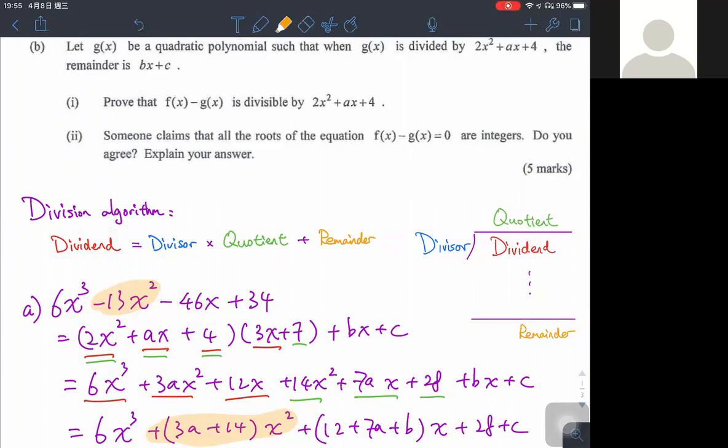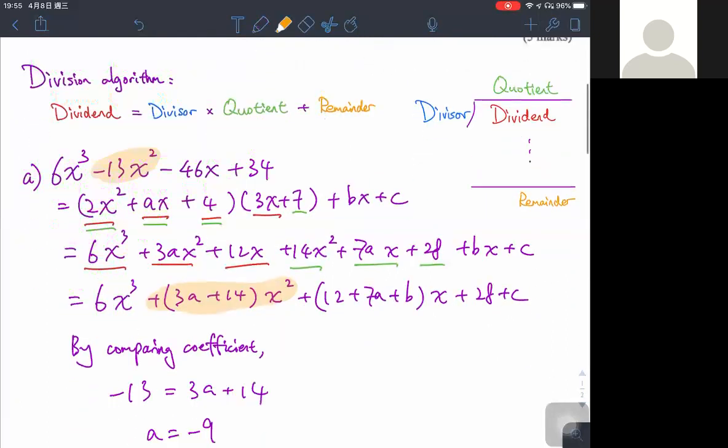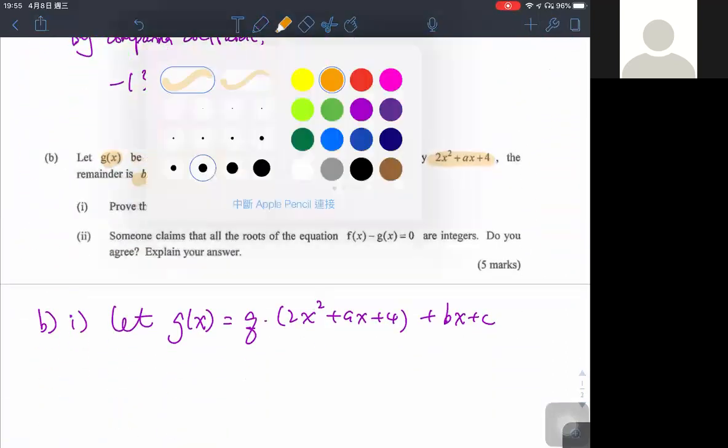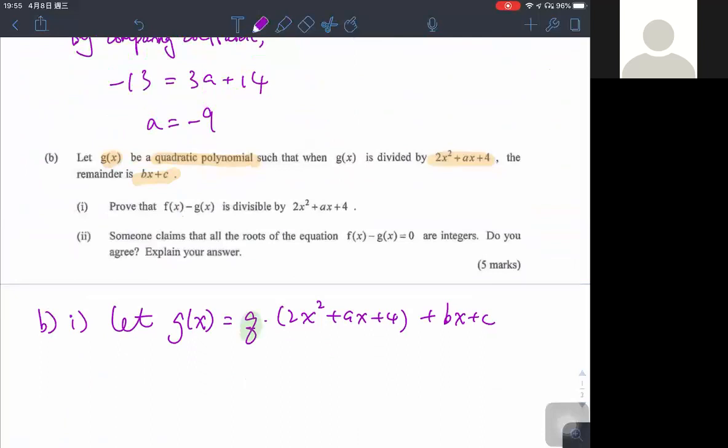The dividend, which is g(x), will be equal to divisor times quotient plus remainder. Here the quotient is q, and q is just a constant. There's no x involved, because the dividend is quadratic and the divisor is also quadratic.